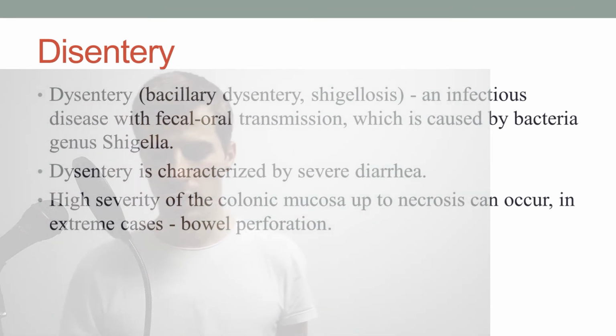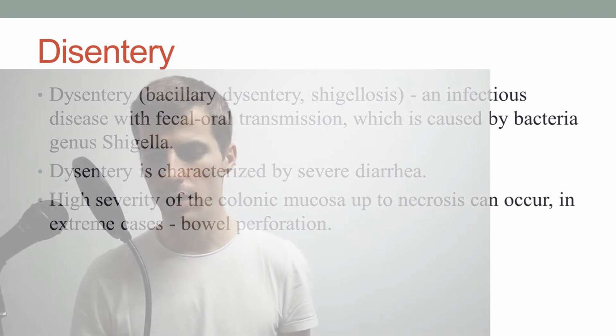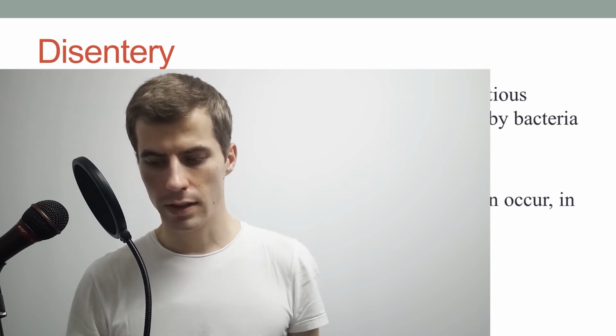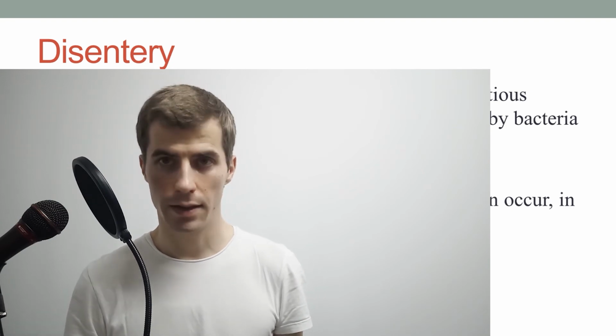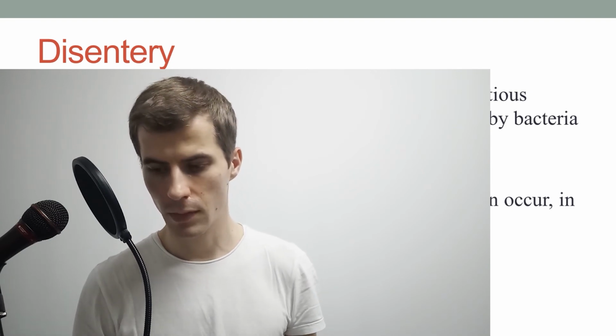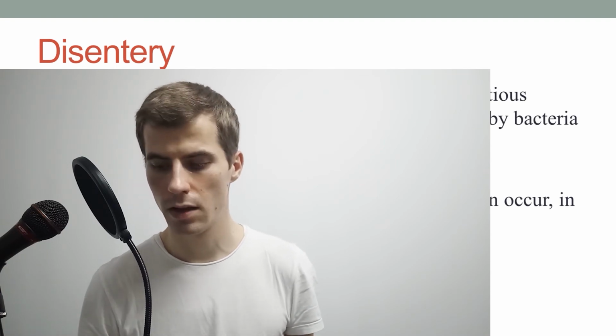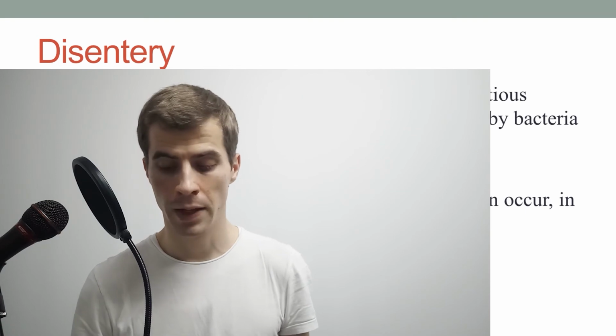Talking about dysentery, dysentery is an intestinal infection caused by genus Shigella, and also called shigellosis. It is an infectious disease with a fecal-oral mechanism of transmission, and it is characterized by severe diarrhea.